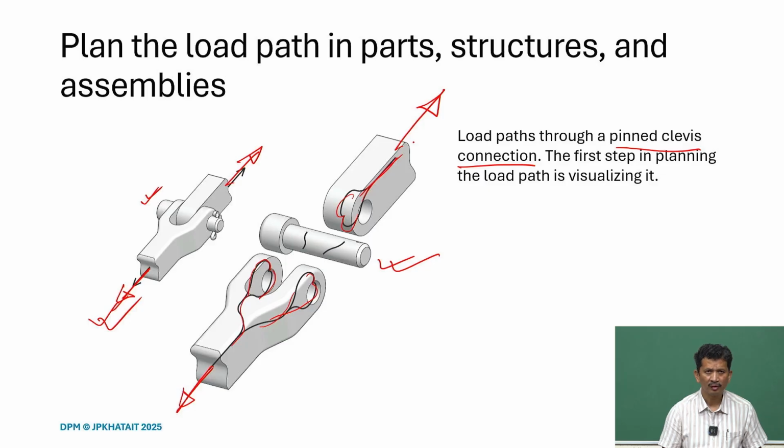That's how it will come, and on the pin, this is where it will apply the load. If we are aware of this, we also understand that the pin will have a lot of shear load and it may fail because of the shear. So, we have to visualize how it is traveling in our components, in our modules, in our assemblies.